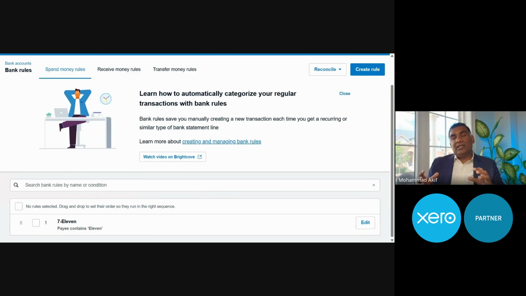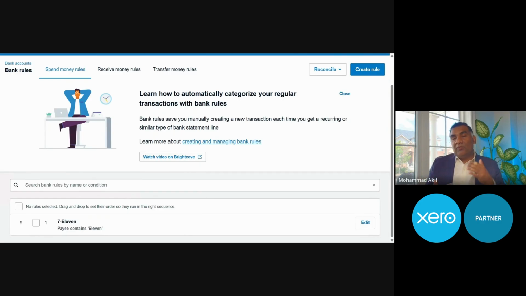And what it does is it creates a rule in the system where next time, any transaction that has a memo or description with Office Depot is going to be classified not as office supplies, but as something else. And so what it's doing is adding the transaction for you automatically. You don't even know this at the back end.